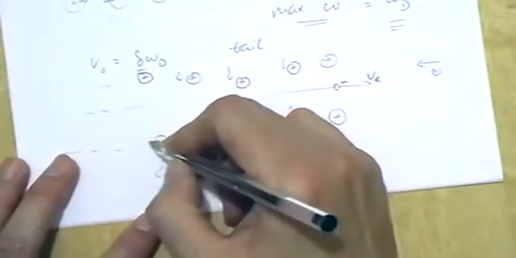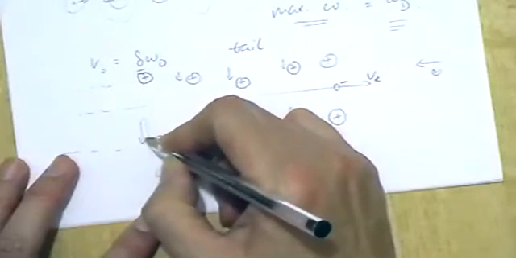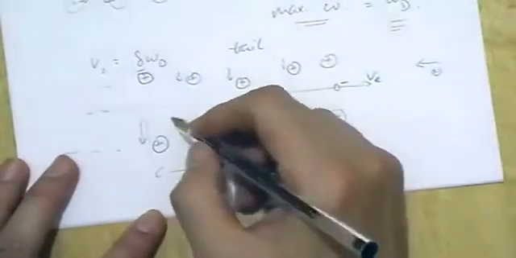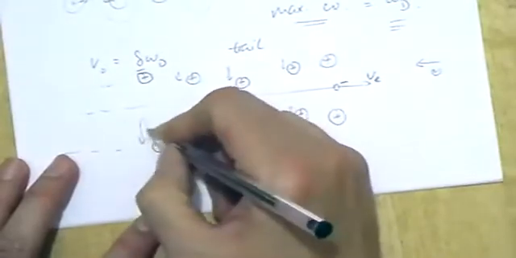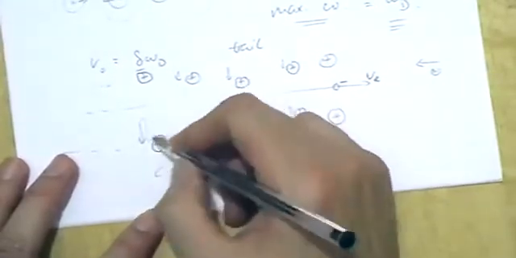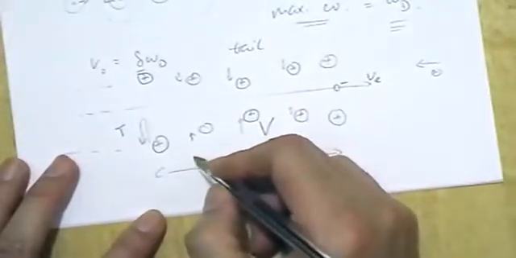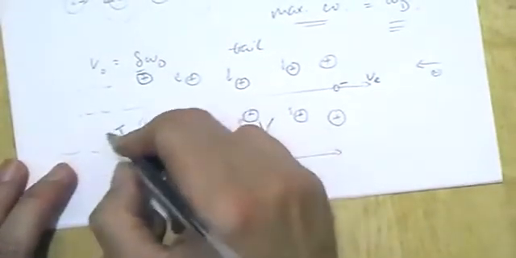So the time for this to go up and come back down is the same as the time for the electron to move over the length of this trail. Let's say the period of the oscillation is T. So this time would be the period divided by 2.